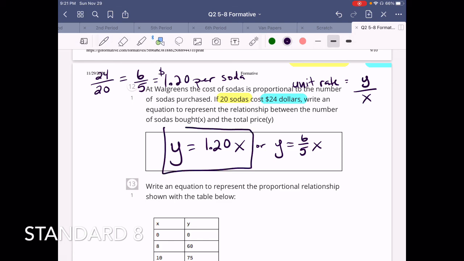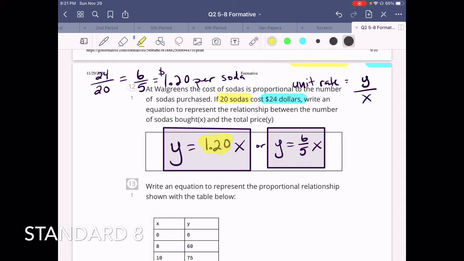I'm going to imagine that that was probably the hardest question. So key to writing an equation, find the unit rate and just put it into that form, right? The only thing you're changing in any equation is the unit rate.